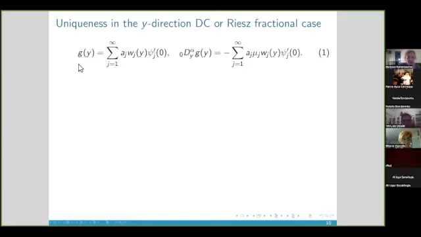However, proving uniqueness does not only amount to showing that if the data vanishes, then also our solution vanishes, because we have a nonlinear problem. So what we really want to show is that if we have this data, so g and also its alpha derivative, then we actually can recover the whole spectral information. From that spectral information, we are going to recover the potential.